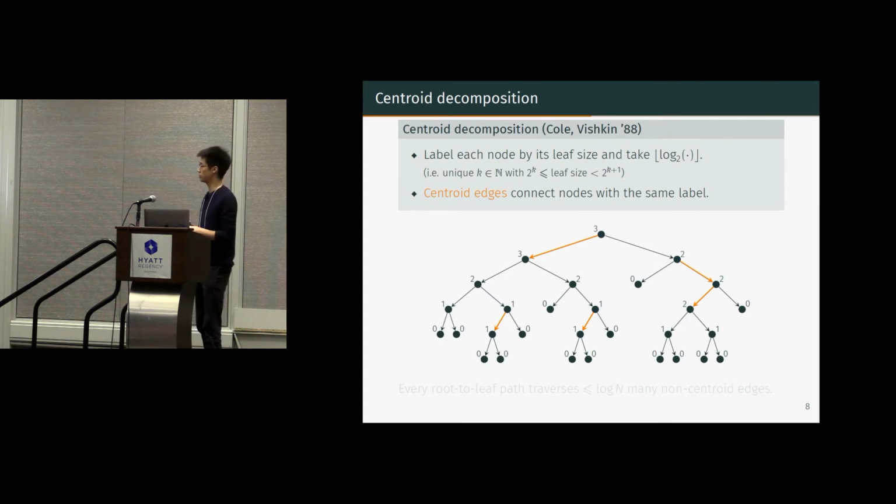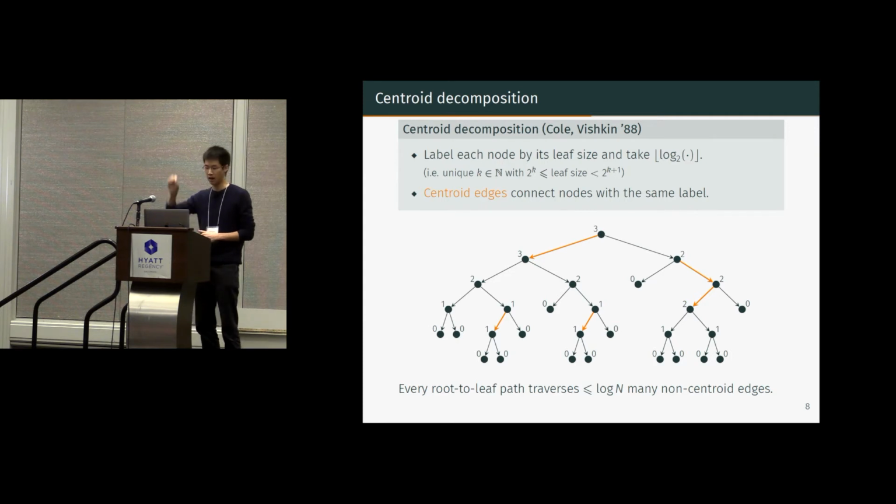So what we get now is a decomposition of the tree into disjoint paths, possibly of length 0. These are the ones which are not participating in any path, but well, they are paths of length 0. And the main property is that every path from the root to some leaf only traverses log n many of these paths, or log n many non-centroid edges. Of course, because the labels are bounded by log n.